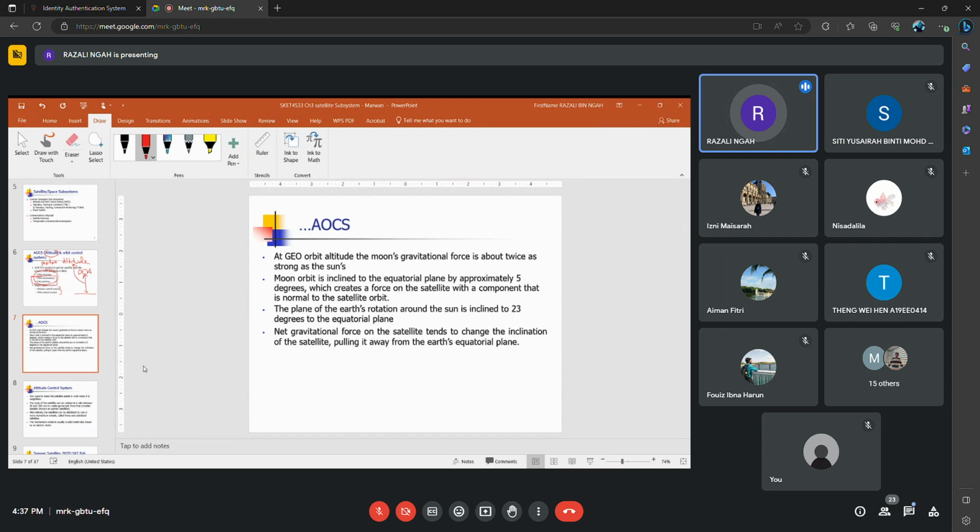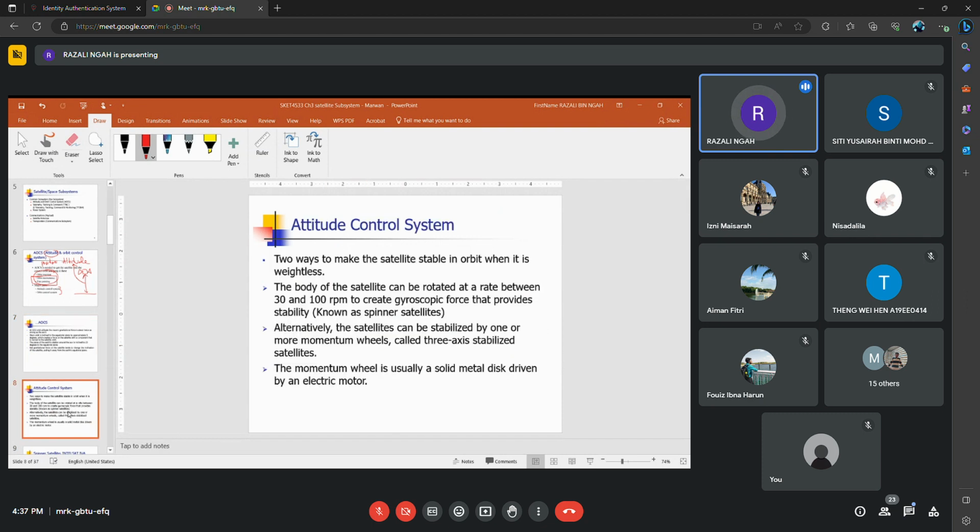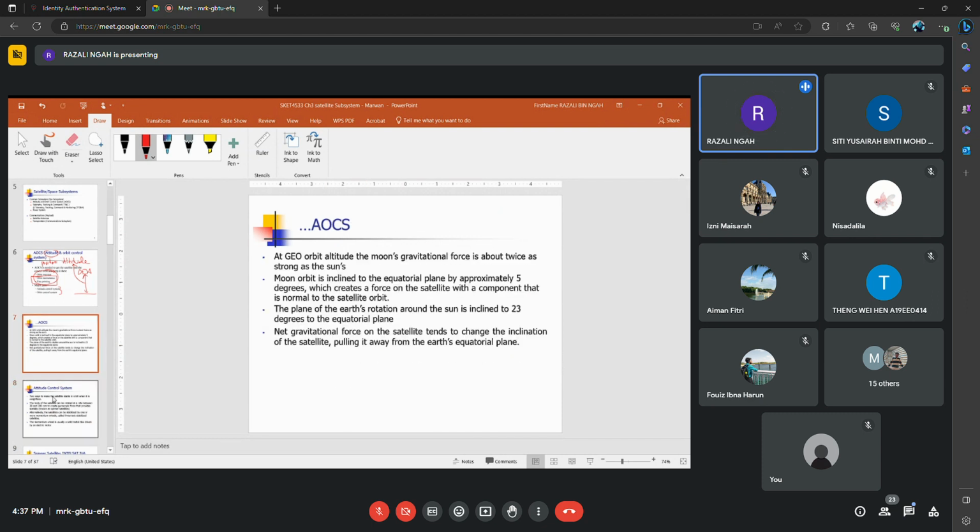That's why we need AOCS to make sure that the satellite is in a stable position or condition.